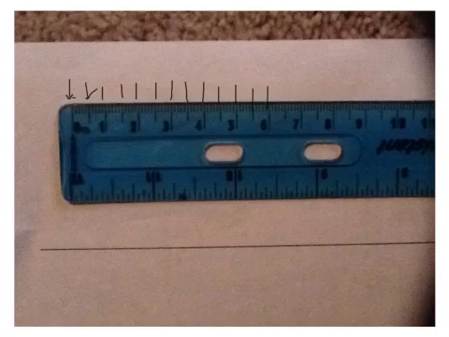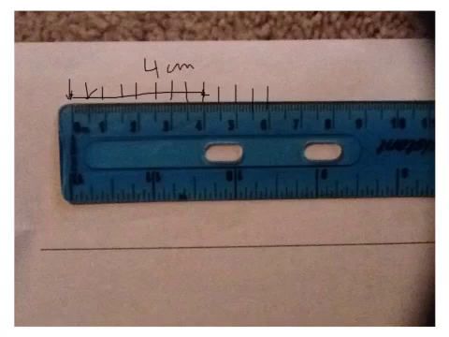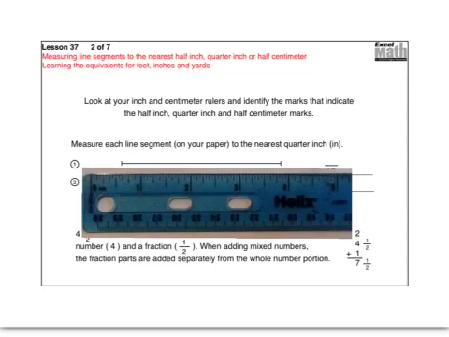And so if you measure a line segment that comes right to here, then that would be 4 centimeters. But if it went all the way to here, right to there, that would be 4 1/2 centimeters.